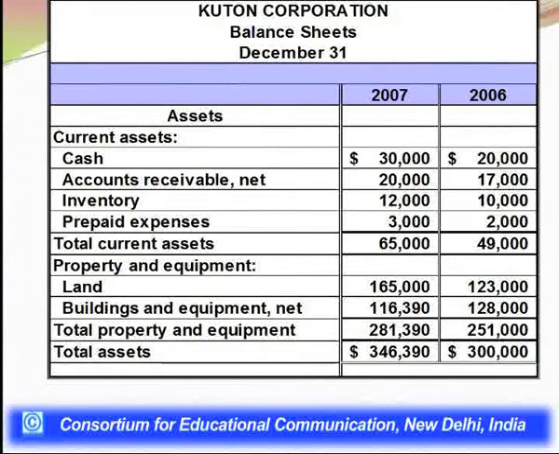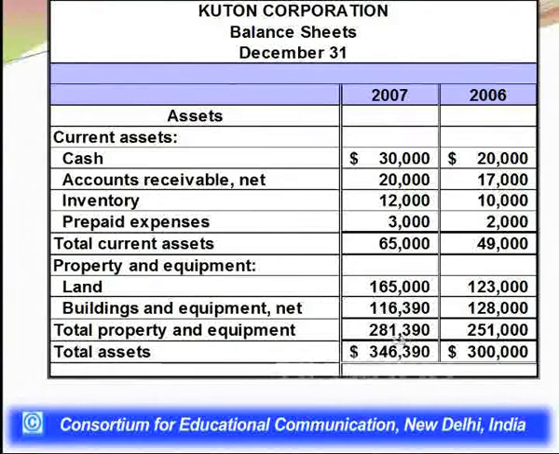Building was 1,28,000 and now it is 1,16,390. Then the total column for property and equipment is 251,000 for the year 2006 and 281,390.